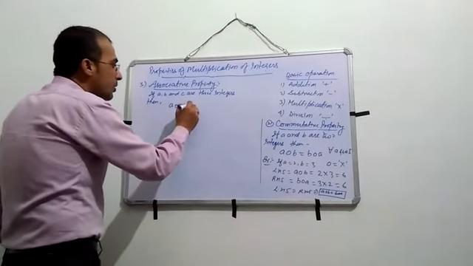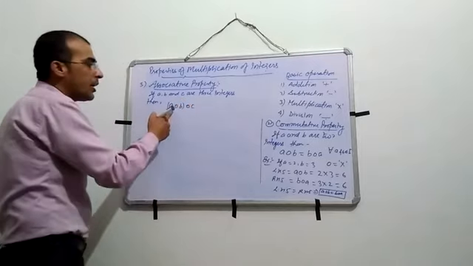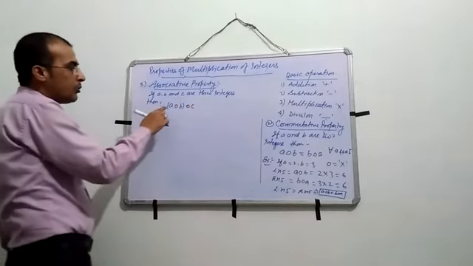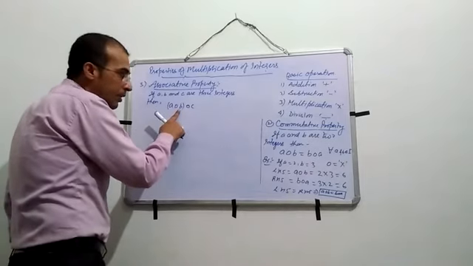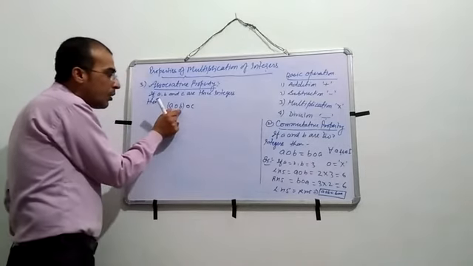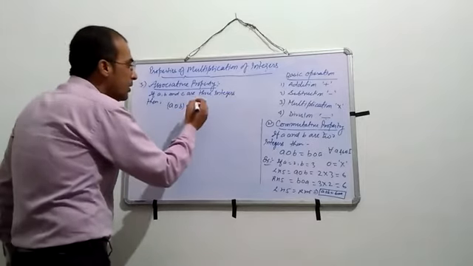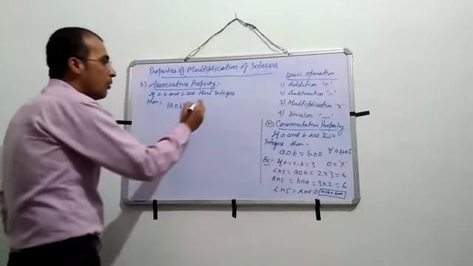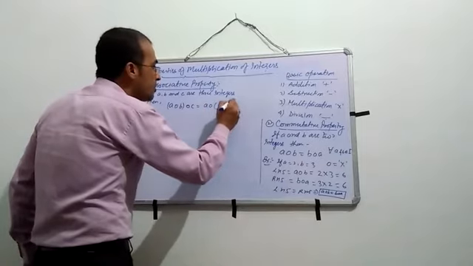(a o b) o c, a o b you will write in brackets, meaning first you multiply a with b, then you multiply the product of a and b with c. Then it should be equal to a o (b o c).